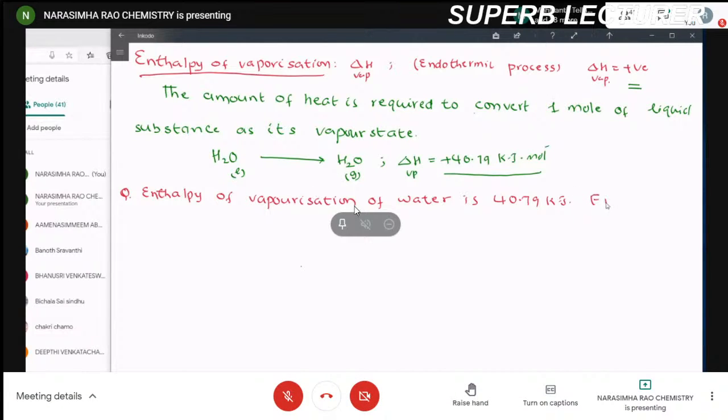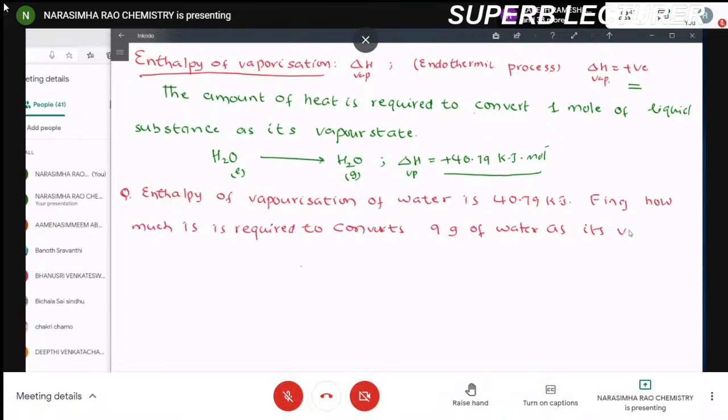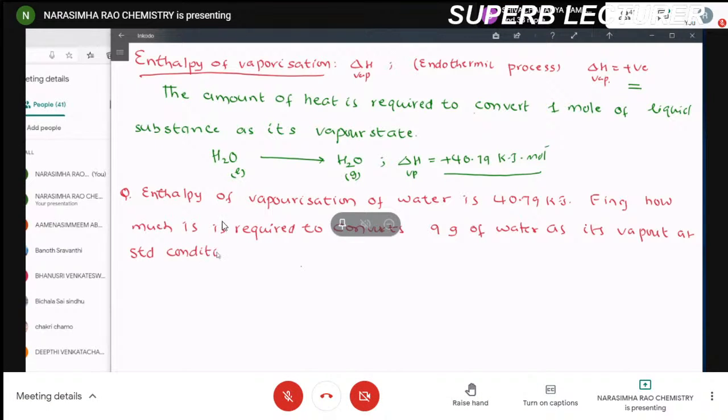Find how much heat is required to convert 9 grams of water to its vapor at standard conditions. Can you solve this problem, children?